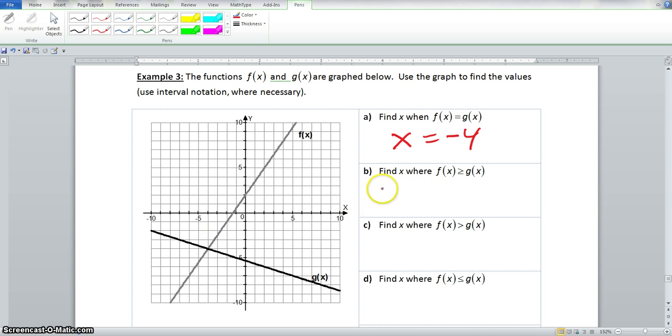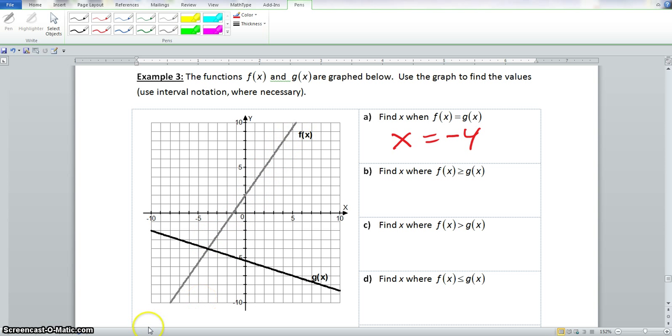Okay, now it says find x when f of x is greater than or equal to g of x. So now, remember, this is basically comparing the y values, but they want us to talk about the x values here. So if you look here at this graph, you will notice when we go from left to right that the f of x is increasing in our y values.